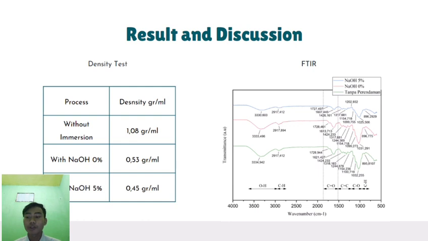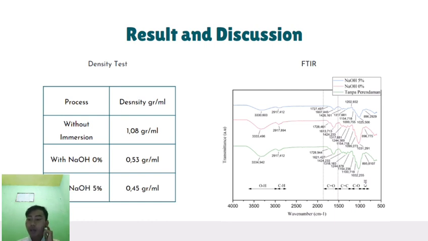And after delignification with 5% NaOH for 2 hours, it also decreased to 0.45. The decrease in fiber density is approximately 50% to 58% of the fiber density without the delignification process.